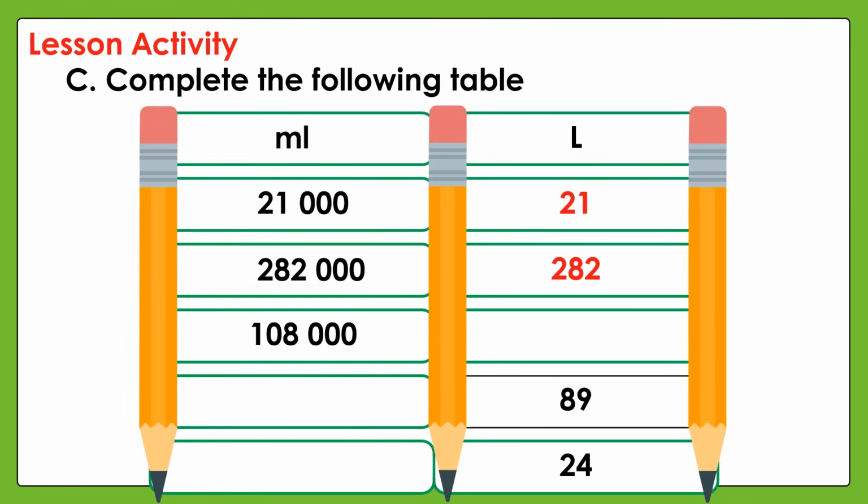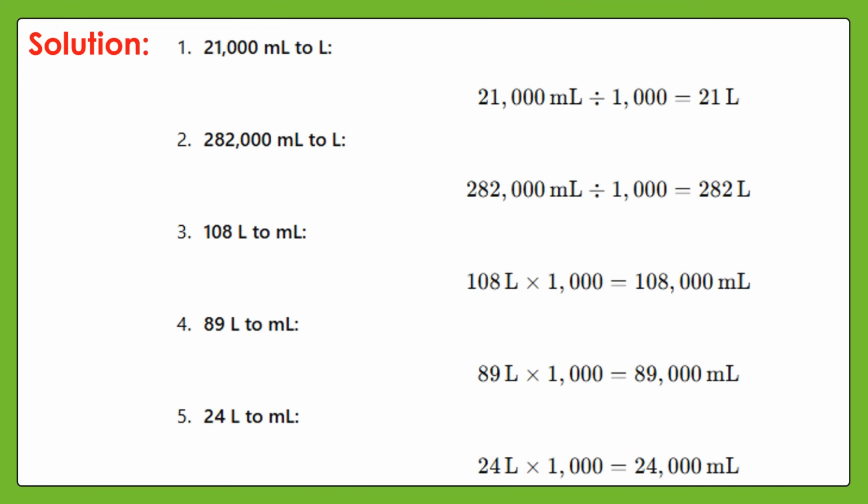Number 3, 108,000 milliliters is equal to 108 liters. Number 4, 89 liters is equal to 89,000 milliliters. And number 5, 24 liters is equal to 24,000 milliliters. You can check the solution here.